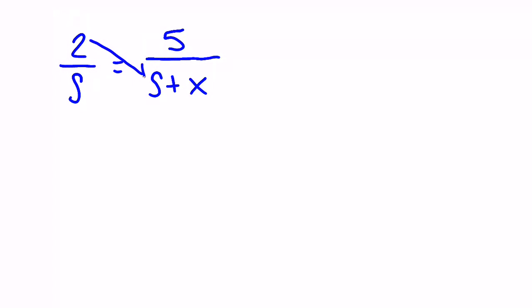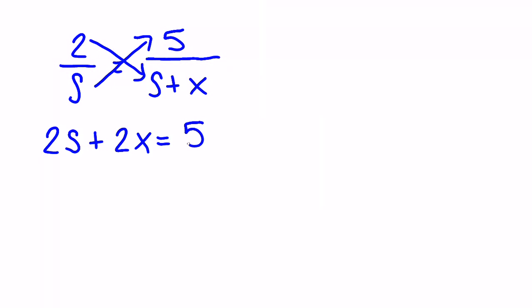So 2 times S plus X, 2S plus 2X equals 5 times S. It's important in problems like this that you try to make your 5s look different from your S's, or you'll get completely lost.